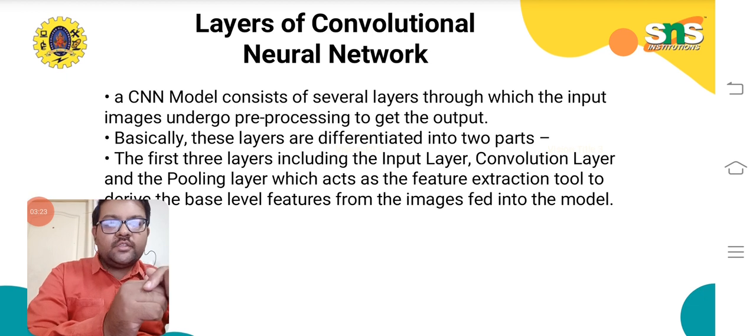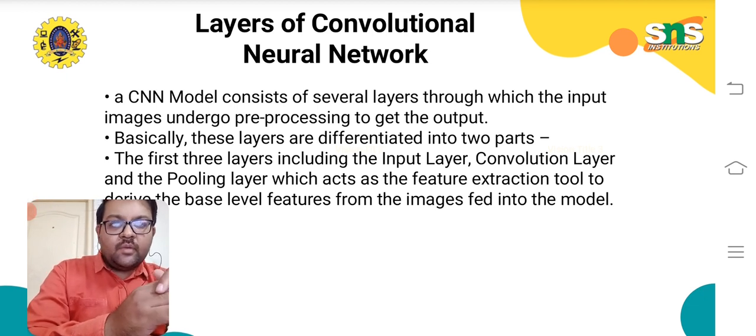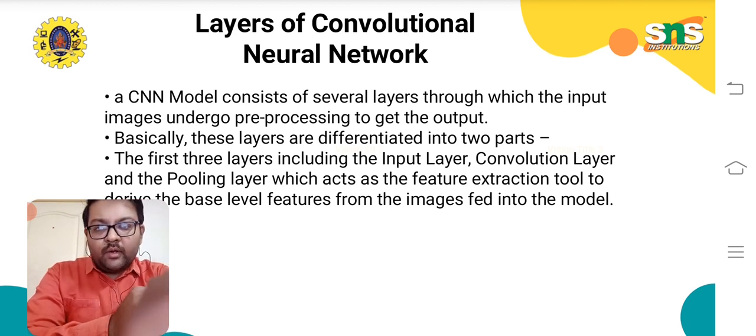So what are the layers of a CNN? A CNN model consists of several layers through which the input images undergo processing to get the output. Basically, these layers are differentiated into two parts. The first 3 layers include the input layer, convolutional layer and the pooling layer, as we saw in the previous slide, which act as the feature extraction tool to derive the base level features from images fed into the model.